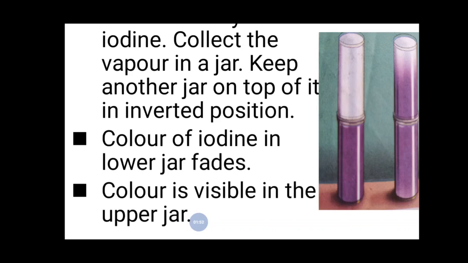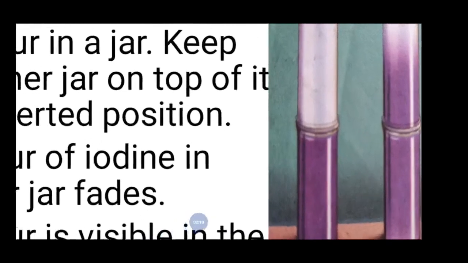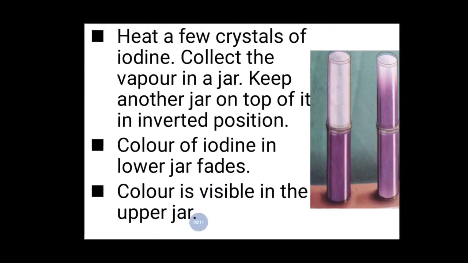It moves. Why? Because it is in gaseous state and it has freedom of movement. So it goes up to the jar that is kept inverted on top of the lower jar, right?